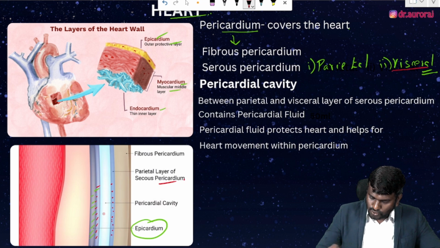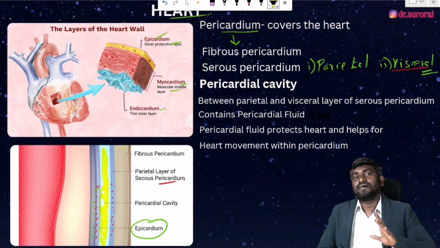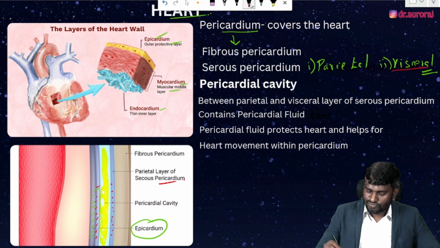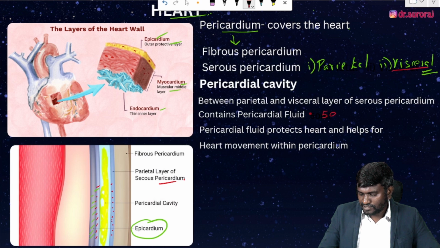In between these two is going to be the pericardial fluid. And what is the amount? It's about 50 ml. Very important. Please remember this.